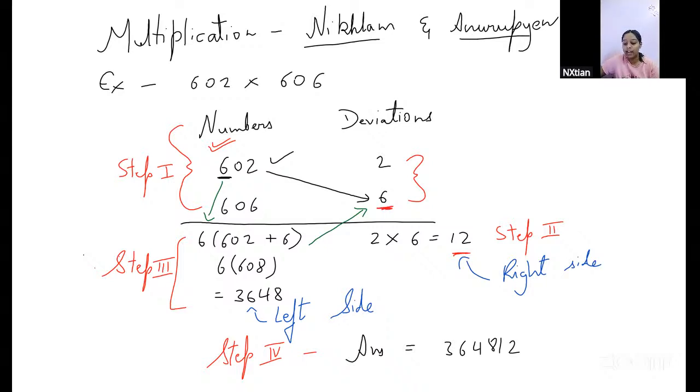Add the deviation of the second number to the first number, and multiply the whole thing with the first digit of the first number. So it becomes 602 plus 6, which is 608, and then multiply by the first digit of the first number, that is 6. 6 into 608 will give you the left side of the answer.